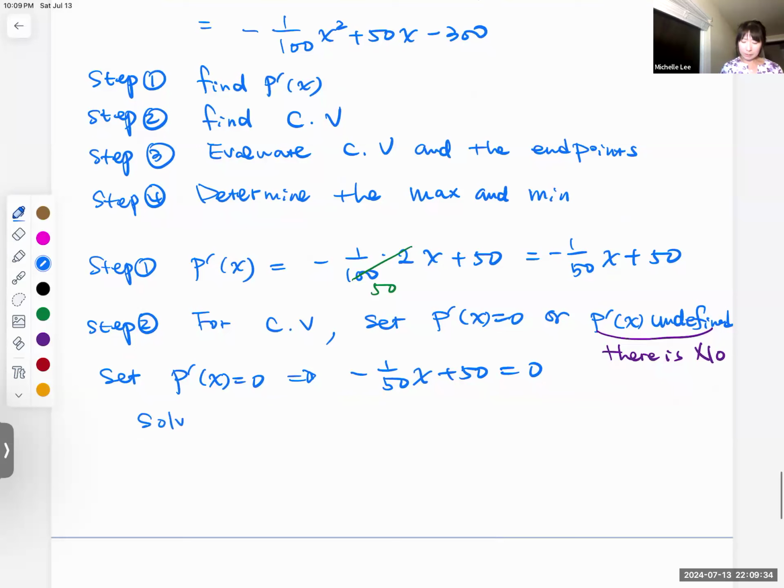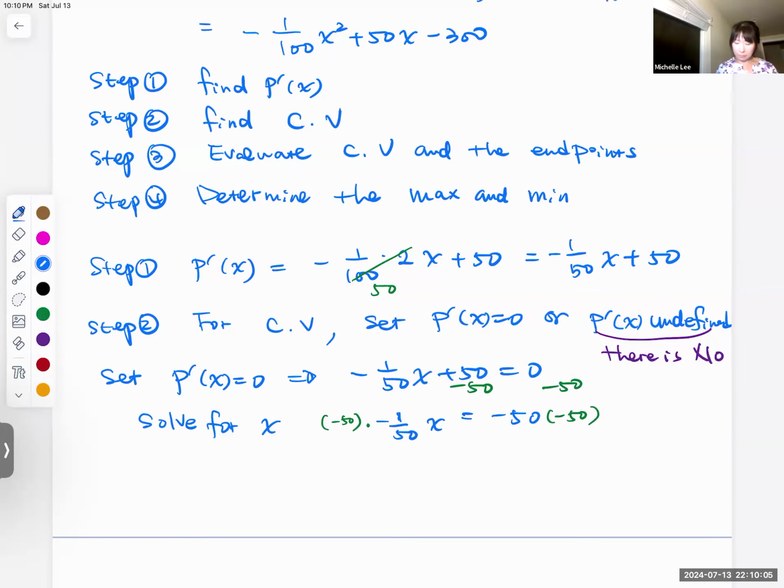So there will be negative 1 over 50x plus 50 equal to 0. Solve for x. So we move the constant term to the other side. Subtract 50, so we have negative 50. Okay, now solve for x, times negative 50 on both sides.